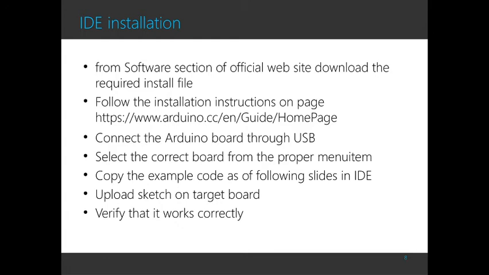The installation of the IDE is very easy. You can download the software from the official website and follow the installation instructions. Then you connect the Arduino board through the USB connector, and you must select the correct board from the proper menu item. Otherwise, it doesn't work.